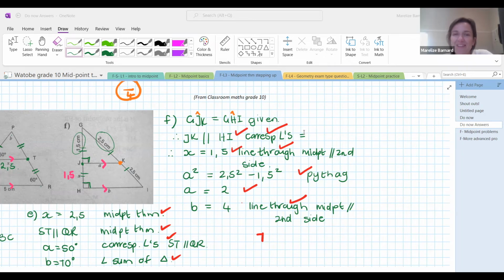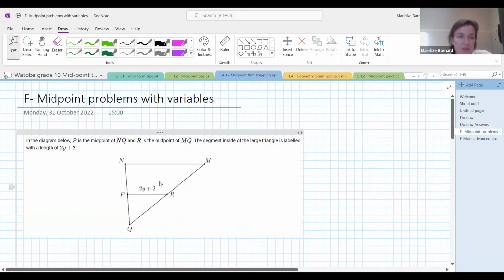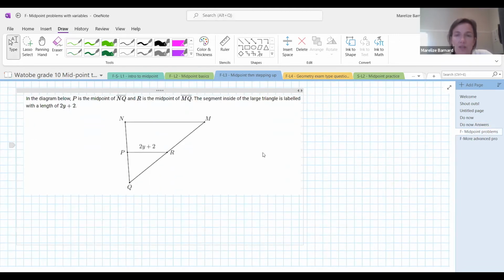Okay. So let's see what else I've got in the bag here this evening. So we do have to know how to do questions like this, which is more with variables, okay? But because we now know how the midpoint theorem works, nothing changes, okay?